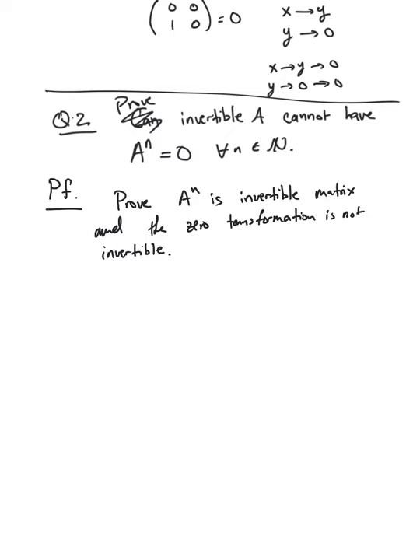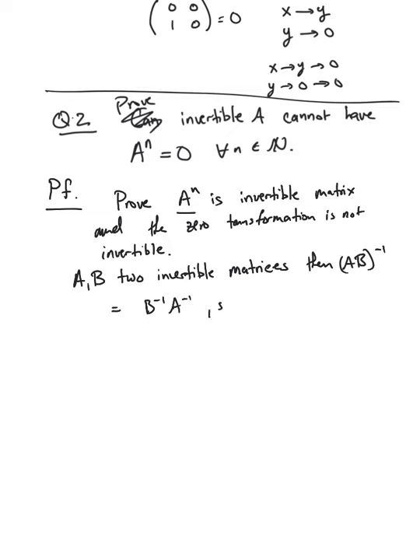Okay, so what we're saying is a composition of invertible matrices is invertible. So if we want to prove this, well, I guess we can first say that if we have A and B, two invertible matrices, then the inverse of AB is B inverse A inverse, since we have AB times B inverse A inverse is the identity, okay?